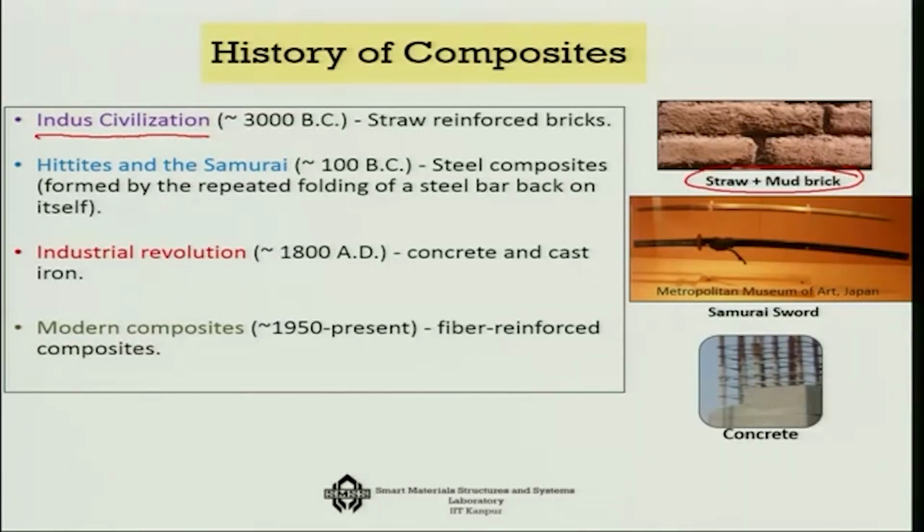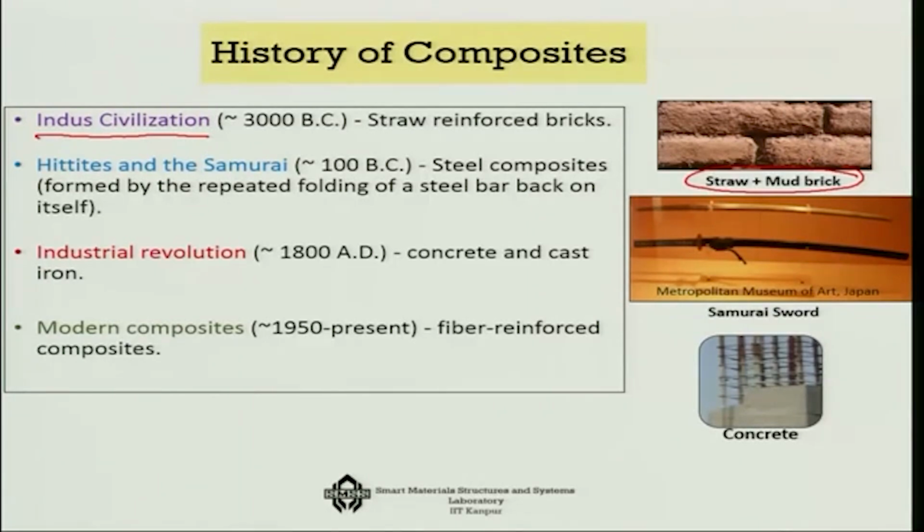So the straw reinforced bricks were so much better in comparison to the bricks at that time in the Mesopotamian civilization and other civilizations, that even today you would see in Mohenjo-daro and Harappa and all such places the evidence of beautiful structures which are made of straw reinforced bricks.